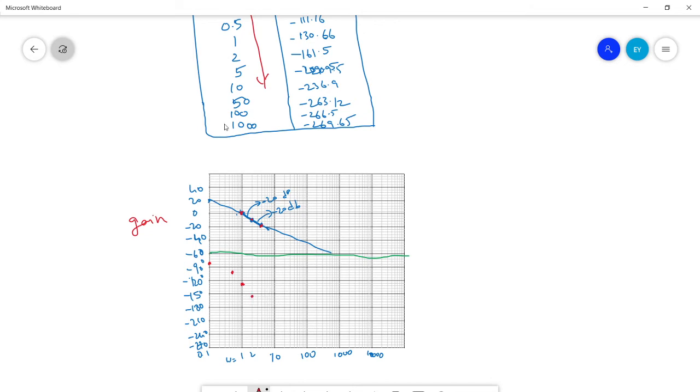And at 5, sorry, I think this is a little overwritten. I'll just erase this. At 5, when we calculate, what we got is 209.5.